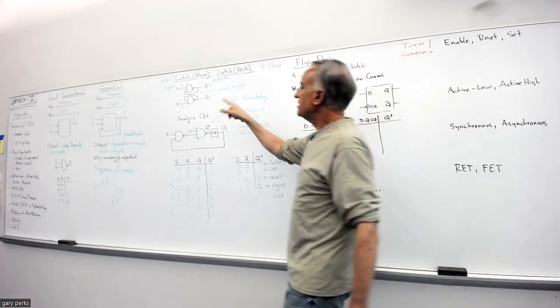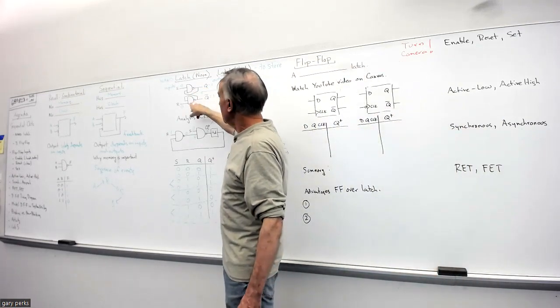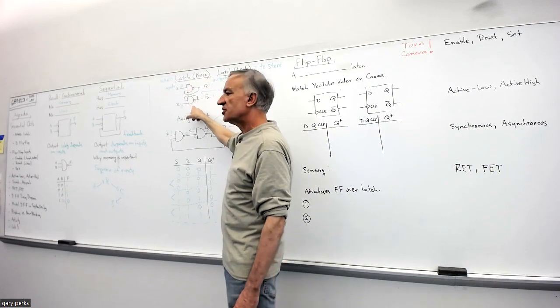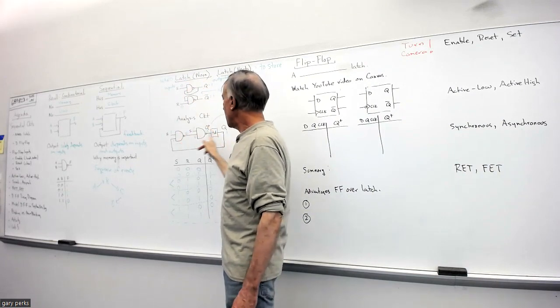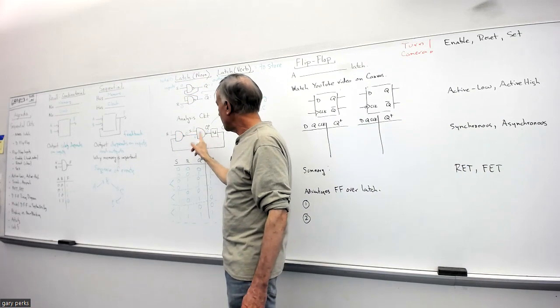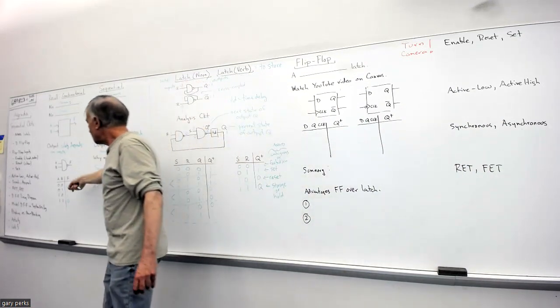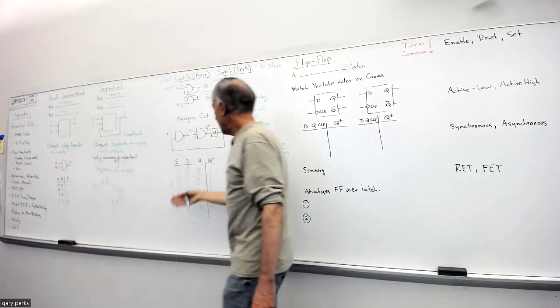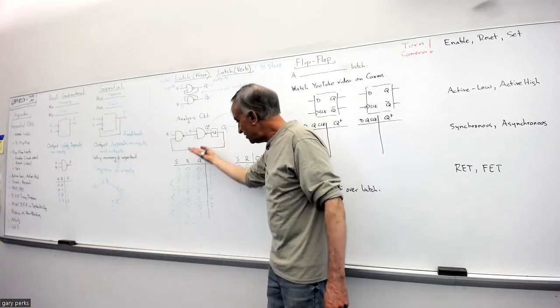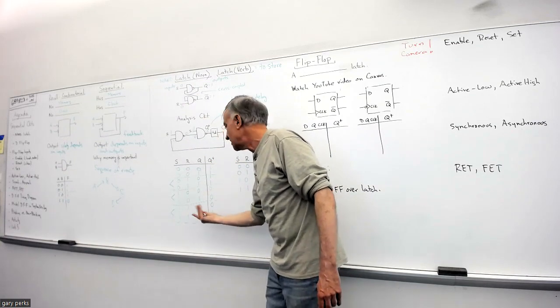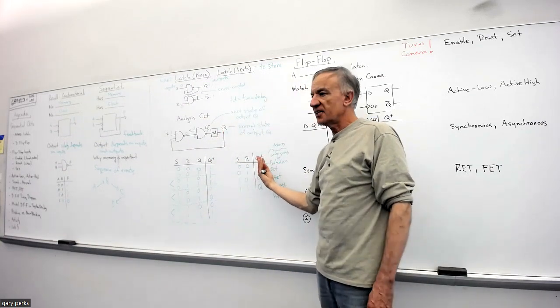Like I said, one of the activities today is to take NOR gates, hook it up just like this, and show the analysis circuit where the only difference from what I have up here is you're going to have NOR gates instead of NAND gates. You'll need a truth table for your NOR gate. Then you just need to generate this truth table with a NOR gate example, just like I did for the NAND gate, and then condense it down just like I did here.